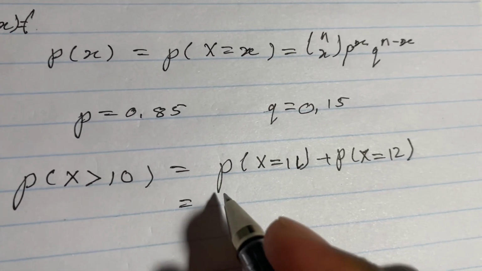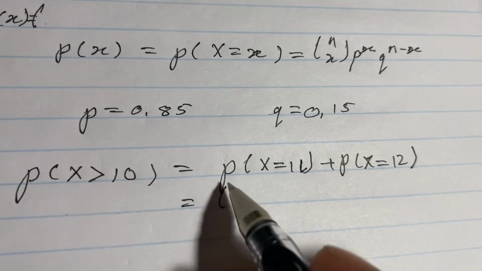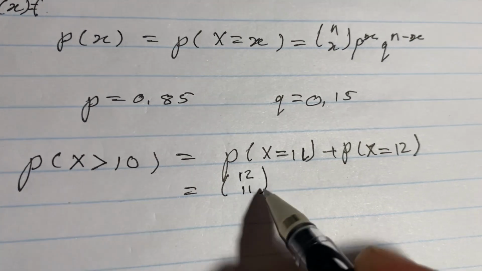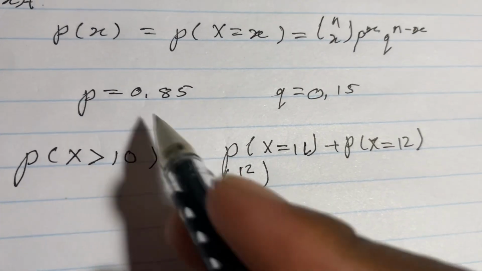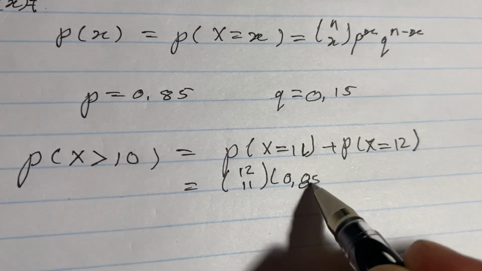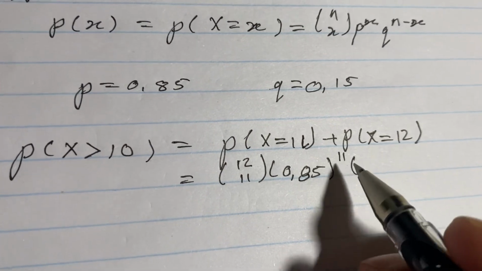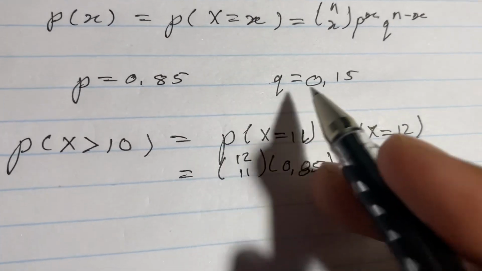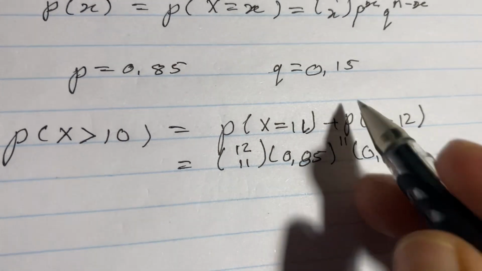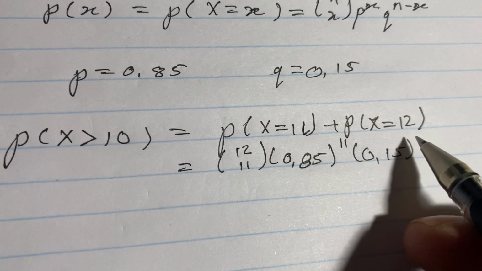So we have 12 choose 11, and then p, which is 0.85 to the power of 11, and then our q, which is 0.15 to the power of 1, because 12 minus 11 is 1.